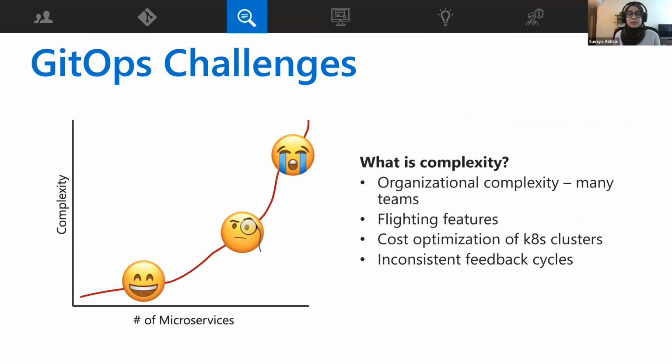So as part of this organization in Microsoft, we've been focusing on working with several customers. And what we've seen is problems start to increase with more microservices and organizational complexity. So the reality is that teams work in branches. Oftentimes, applications will be deployed from branches other than the main branch.